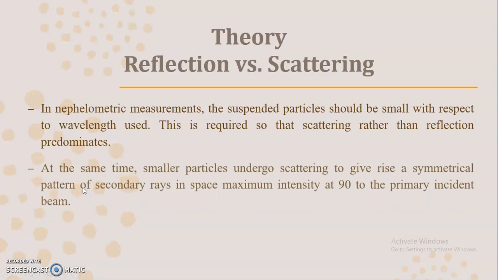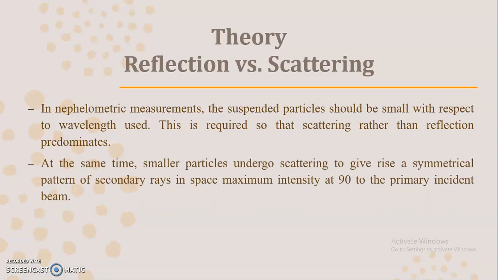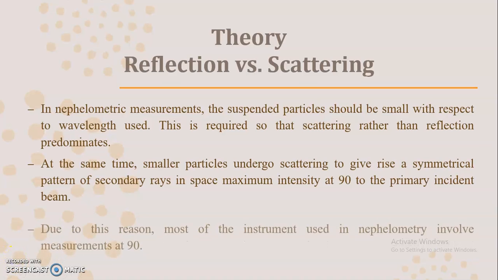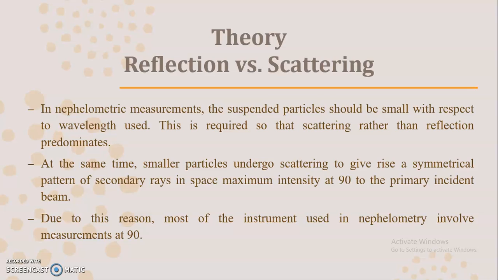At the same time, smaller particles undergo scattering to give rise to a symmetrical pattern of secondary rays in space with a maximum intensity at 90 degrees to the primary incident beam, and that's why most of the instruments used in nephelometry involve measurement at 90 degrees.